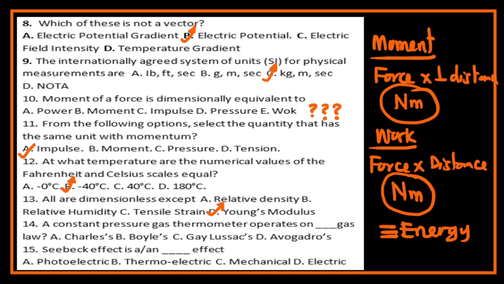And if you can recall that a constant pressure gas thermometer has the pressure to already be constant. So which means the only thing that is changing here is volume, and volume with respect to temperature. So if you recall, it is Charles' law that relates the volume of a gas and the absolute temperature, provided the pressure is what? Kept constant.